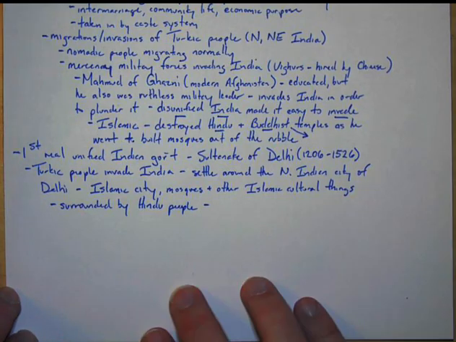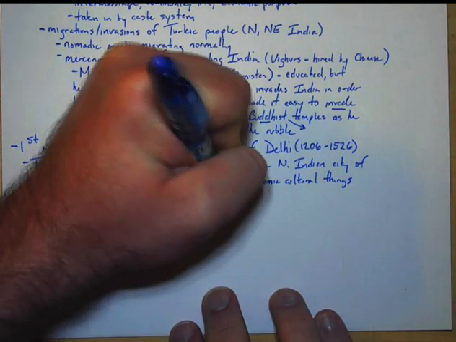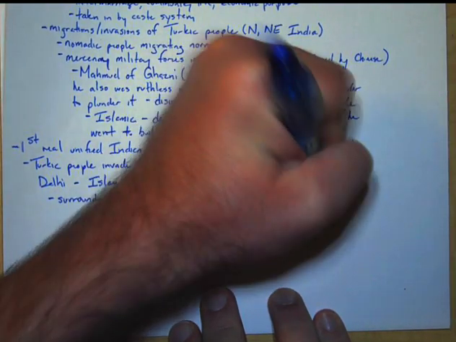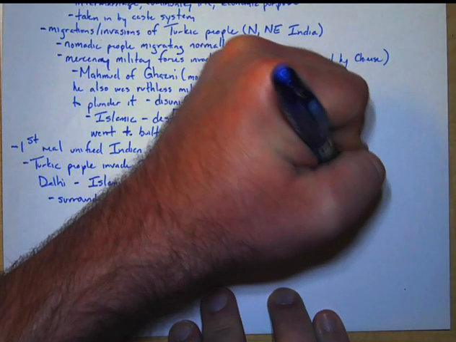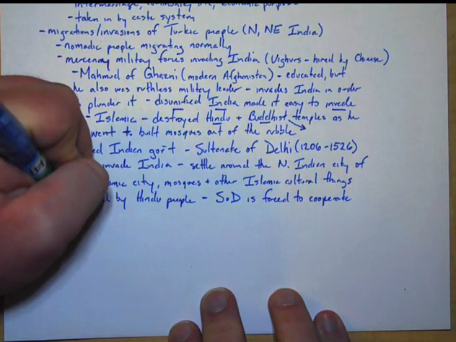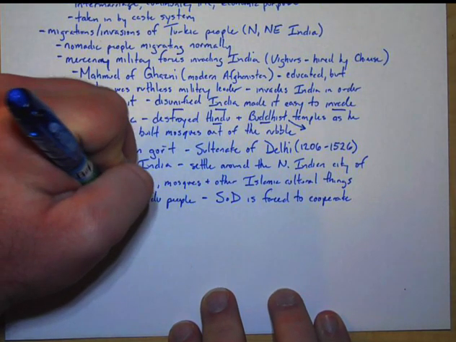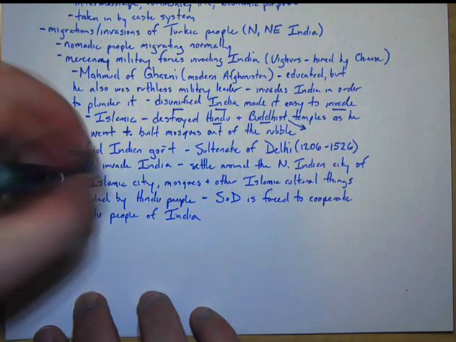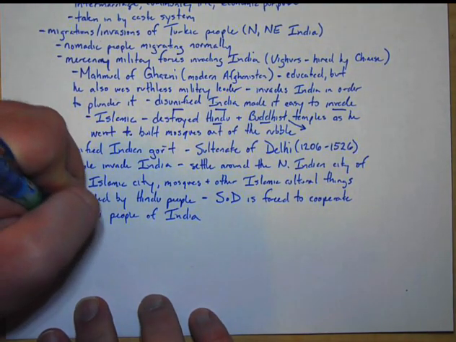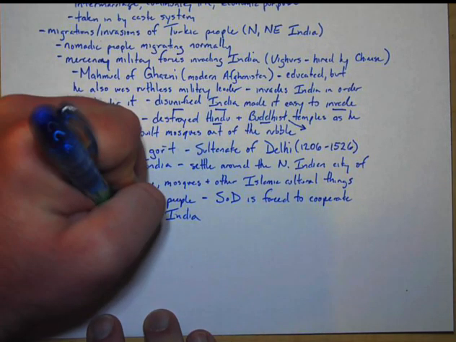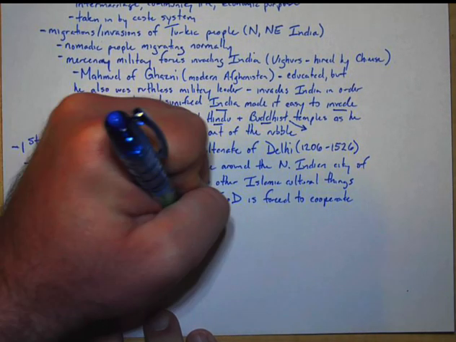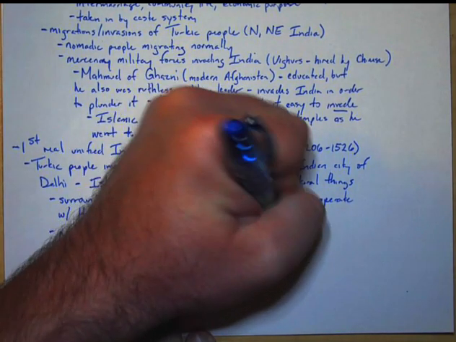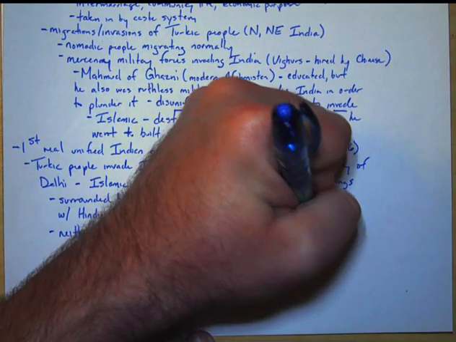And so what ends up having to happen is that the Sultanate of Delhi is kind of forced to cooperate with the Hindu people of India. Neither side is really able to do anything without the support of the other.